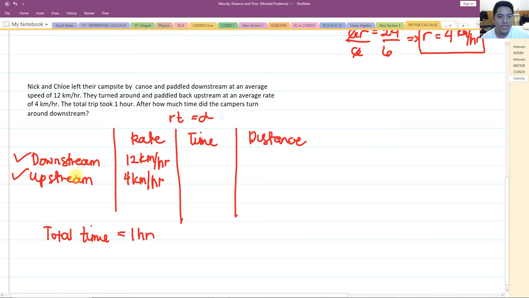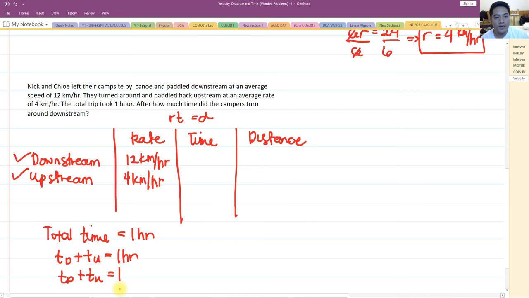The problem only says that the total travel time downstream plus upstream is 1 hour. So the time in downstream plus the time in upstream equals 1 hour, or simply, T sub D plus T sub U equals 1.